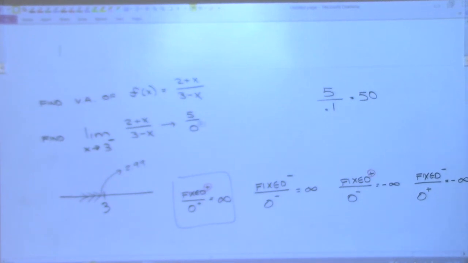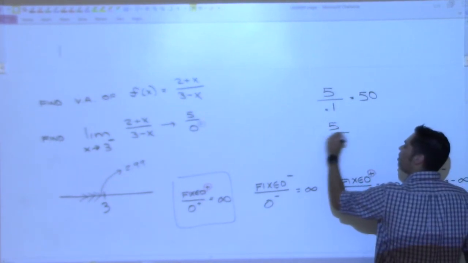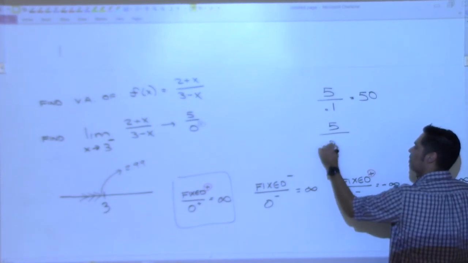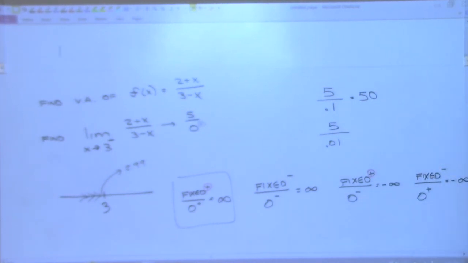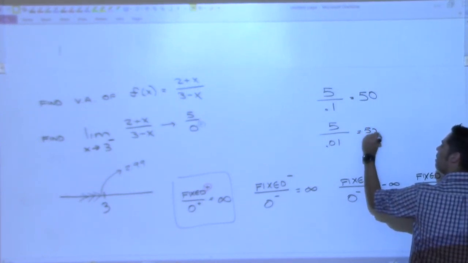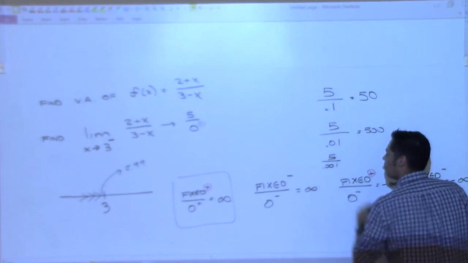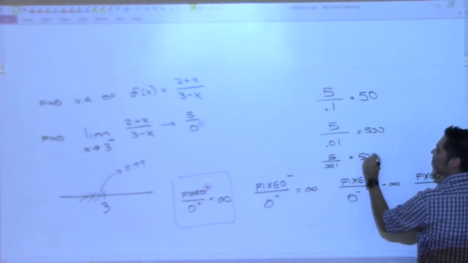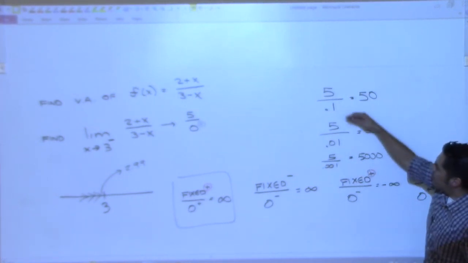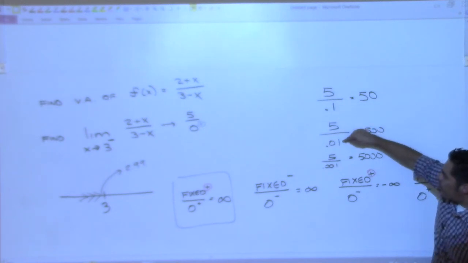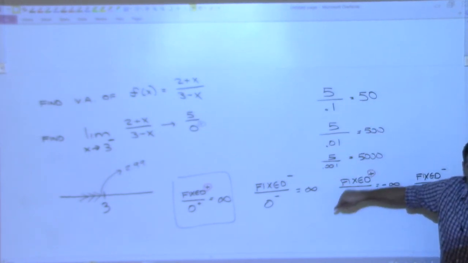Okay? Let's take 5 and divide it by an even smaller number. What's that going to be? 500. Let's go even smaller. 5,000. So do you see that the denominators are getting smaller and they're getting closer to 0?